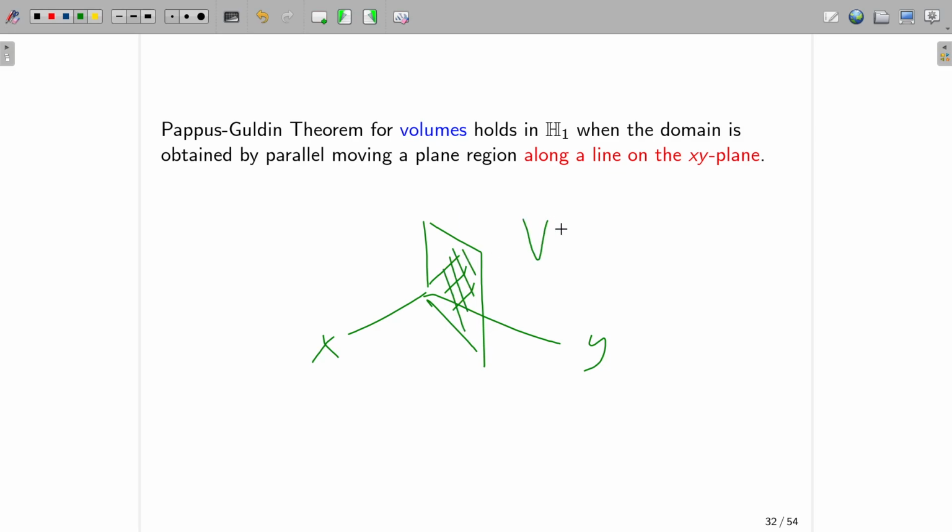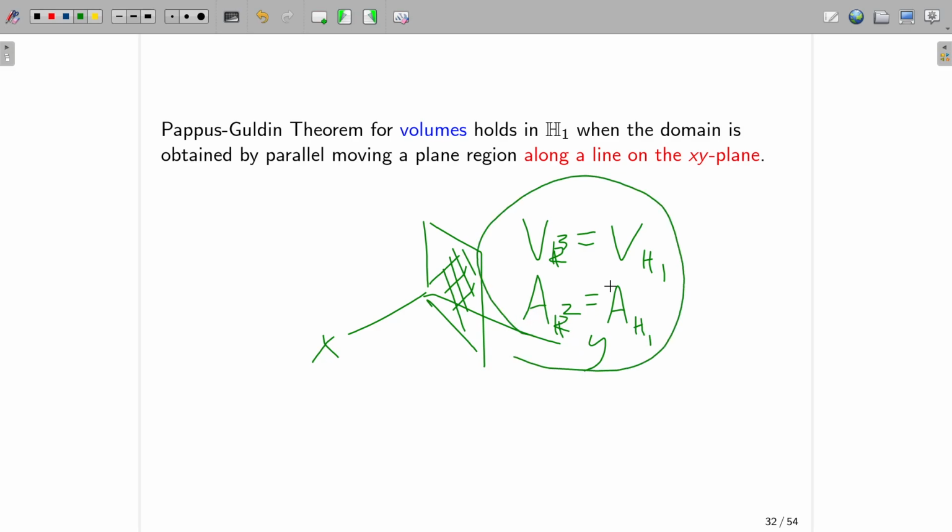Also, the volume in R3 is nothing but the volume in H1. As long as the P-area in H1 is equal to the Euclidean R2 area, we can apply the Euclidean version of the theory and just get the result.